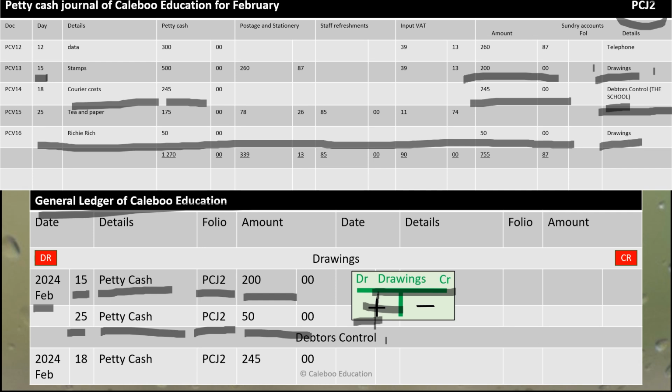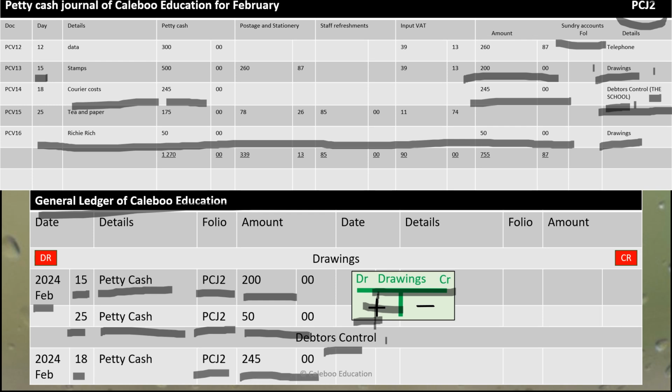And this information, because the school is accounts receivable, a debtor, needs to be posted to the debtors control account on the day the transaction took place, because it appears under sundry. Where did the information come from? The petty cash journal.